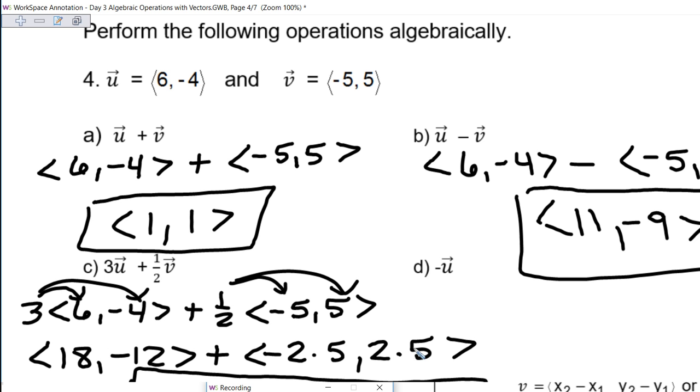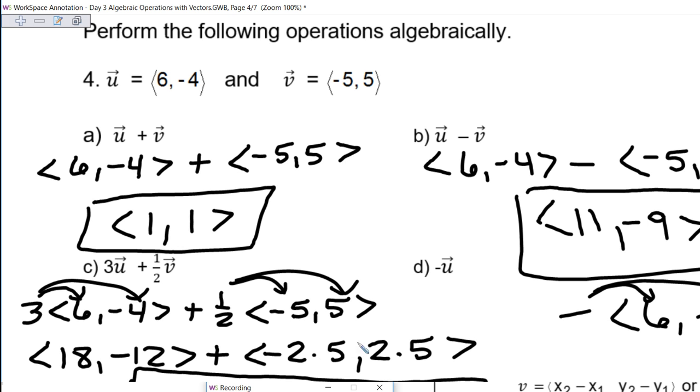And then the last one for this page, we have negative vector u. So that just means negative 1 times vector u. So we'll have the negative first, and then vector u is 6, negative 4. Distribute that negative, and what would the component form be?